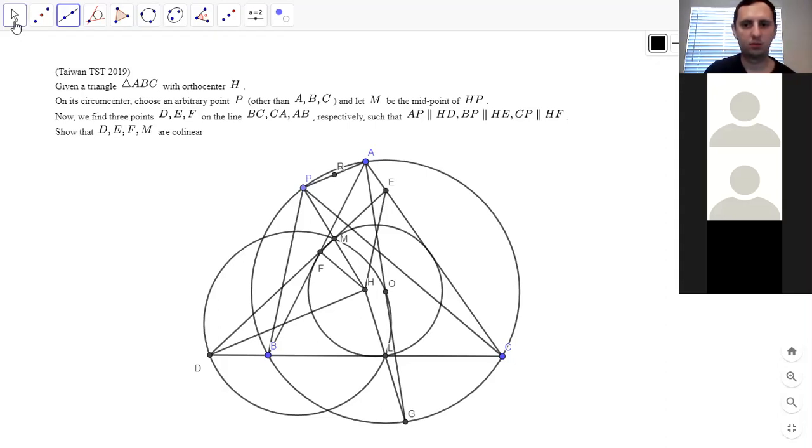Can we show ORML is a parallelogram? ORML.